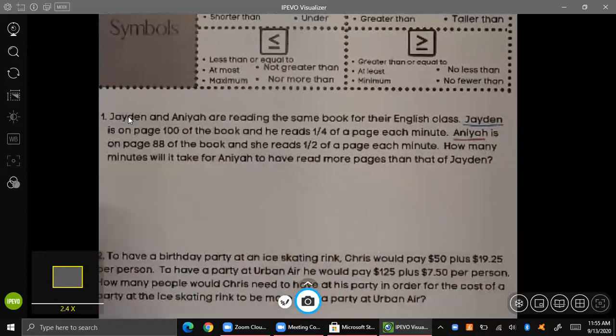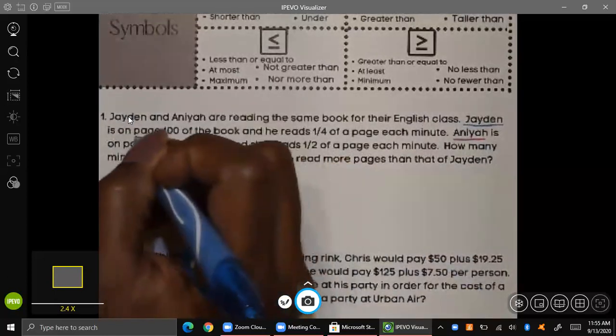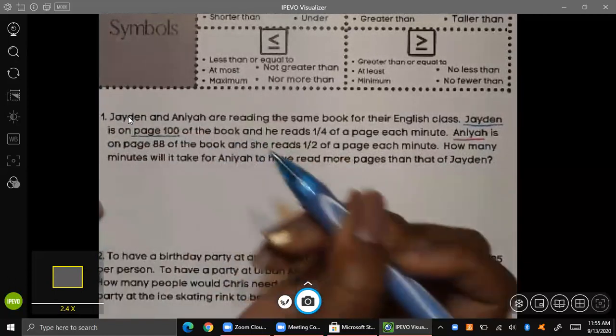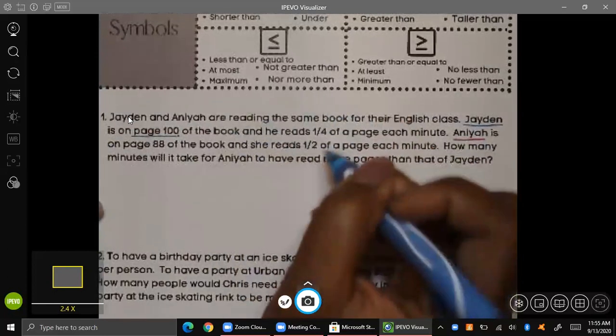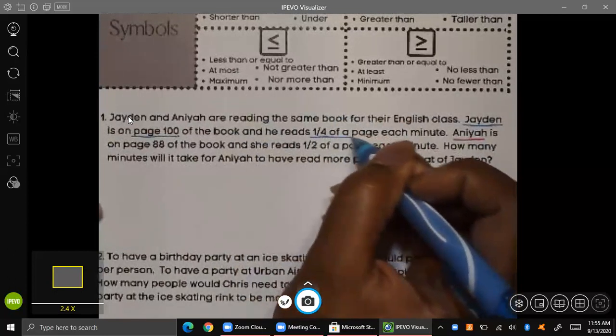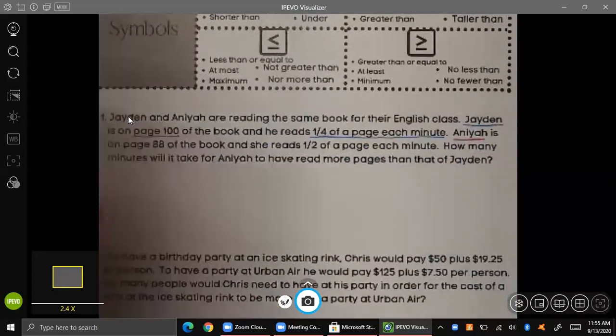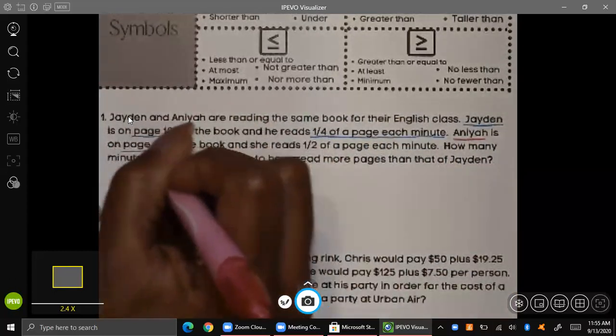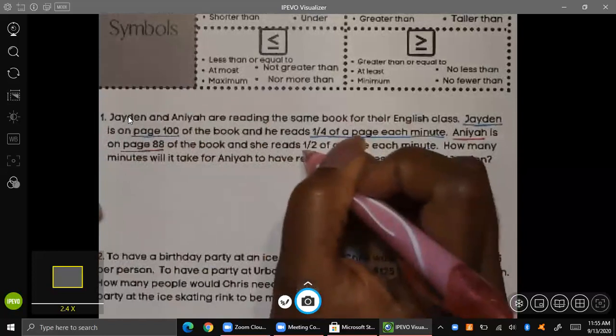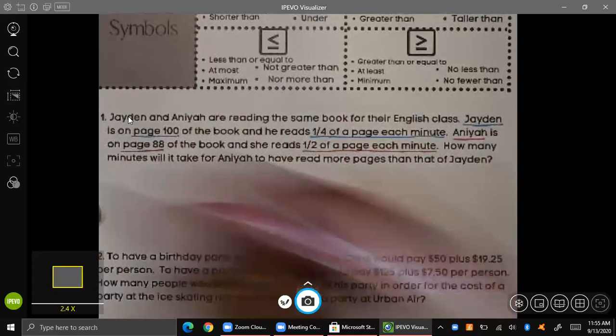So again, Jaden is on page 100. That's where he's already starting at. He's already there. And he's reading 1/4 of a page each minute. Whereas Anaya is on page 88 and she's reading a half a page each minute.